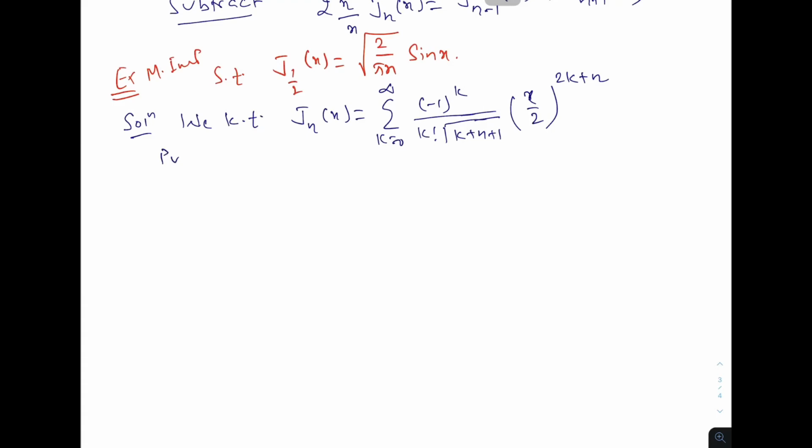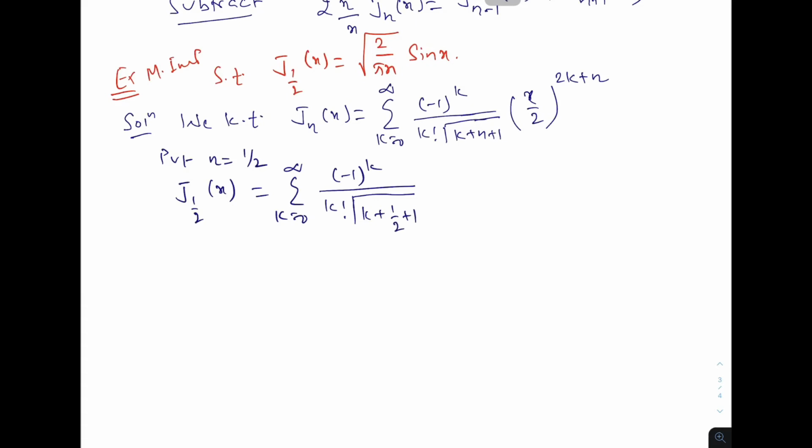Now put n equal to 1 by 2. So J_{1/2}(x) equals the series k equal to 0 to infinity, (-1)^k over k factorial, gamma(k plus 1 by 2 plus 1), (x by 2) power 2k plus 1 by 2.